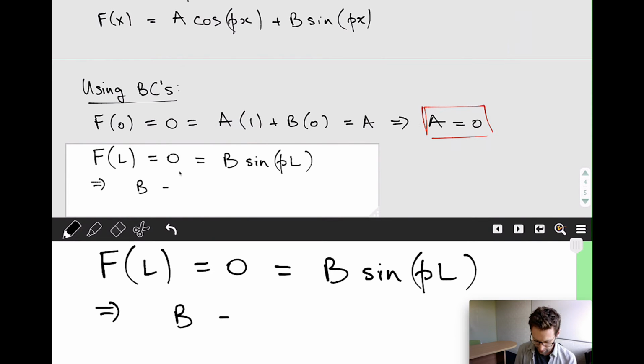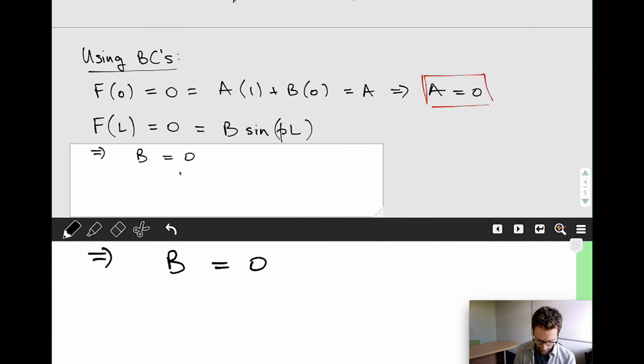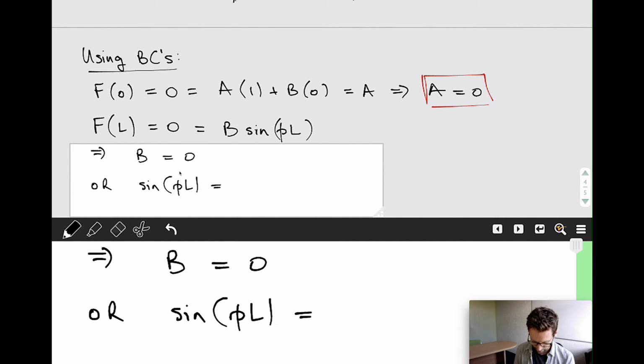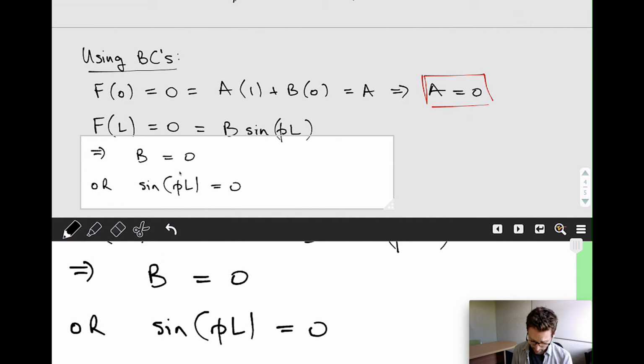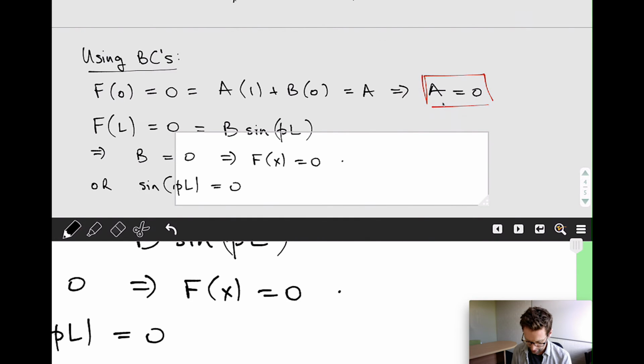So either b is equal to 0, or sine of pL is equal to 0. Now the first possibility, b is equal to 0, and a is equal to 0, is just going to give me f of x is equal to 0. So again, it gives me the trivial solution.